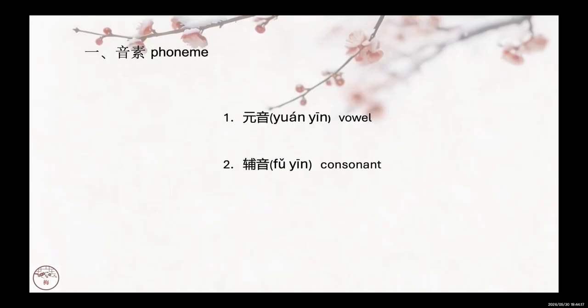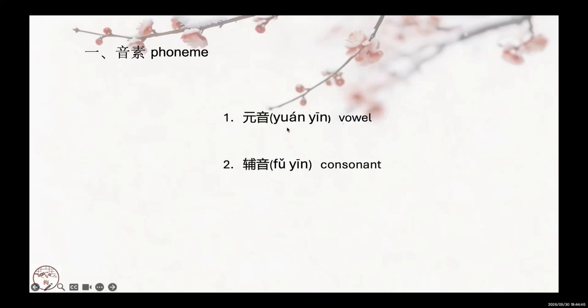We issued one schema in 1958 to utilize alphabets for Chinese pronunciation. That's why we have vowels and consonants as the phonemes in the Chinese pronunciation system.